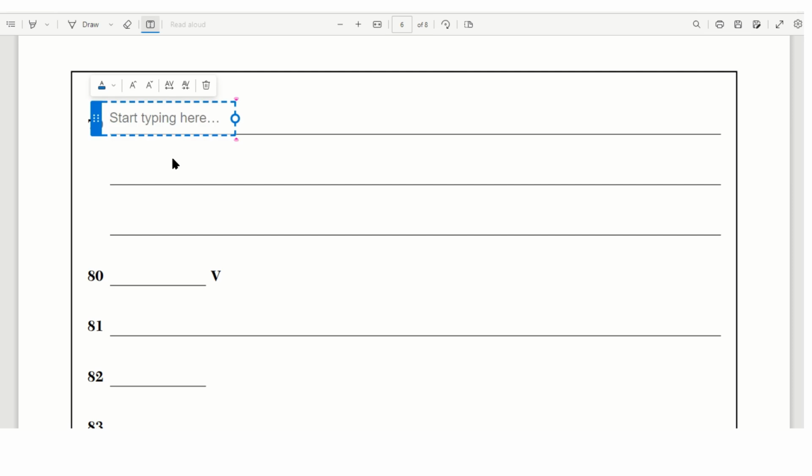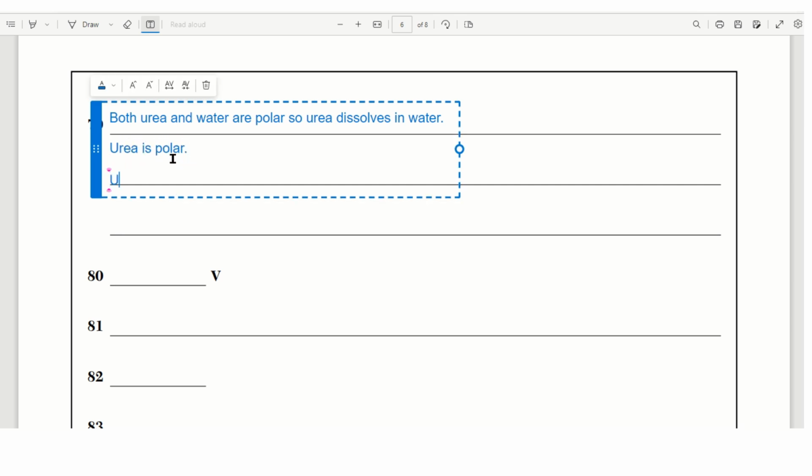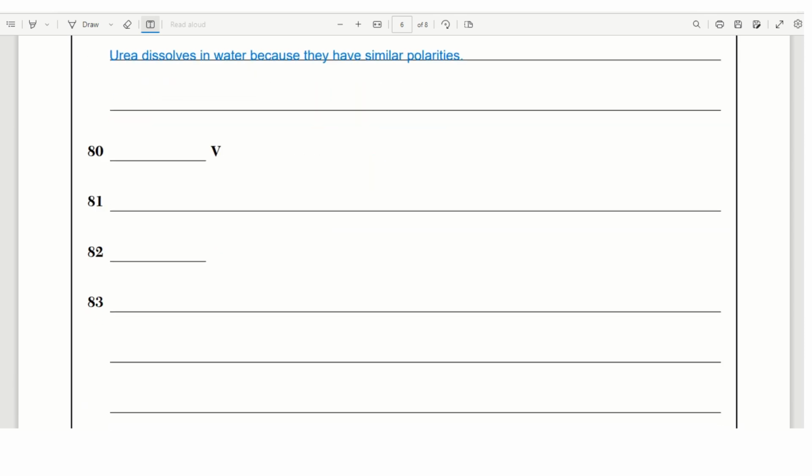Okay, because both urea and water are polar, so urea dissolves in water. Okay, I could just say urea is polar. All right, I could say urea dissolves in water because they have similar polarities. All right, 3 versions. You only have to write one.